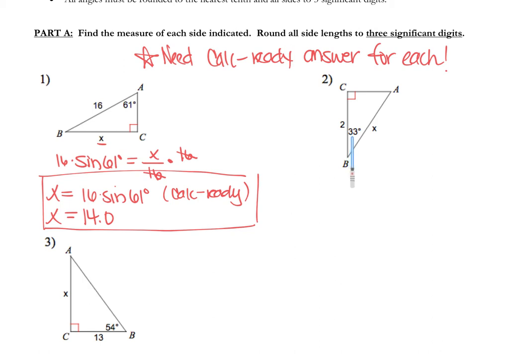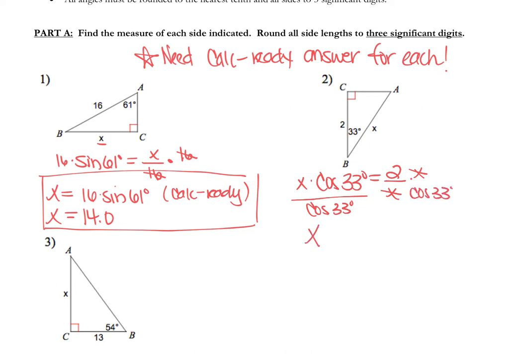In number 2 here, I'm given angle B. We're looking for x, which is the hypotenuse, and we're given this adjacent leg. So we have adjacent and hypotenuse. So that tells me I might want to use cosine on this. So cosine of my angle equals adjacent over hypotenuse. So when you solve for x, you multiply both sides by x so it cancels out over here, and then I'm going to have to divide both sides by cosine of 33 to isolate x.